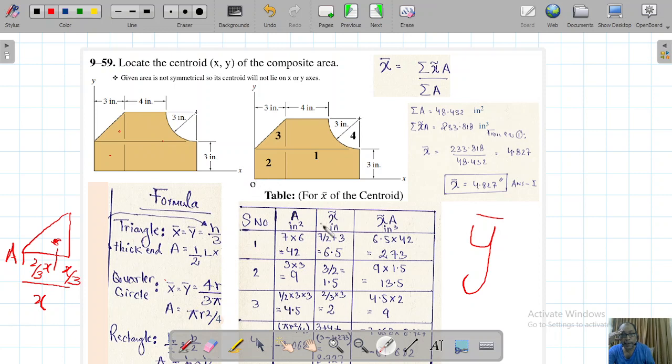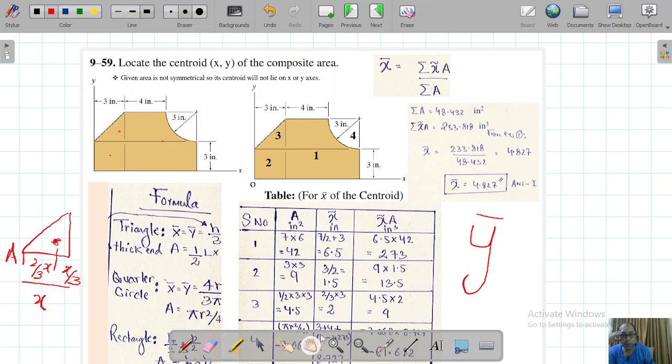The centroid will be somewhere here, but from the origin it will be 3 inches plus half of 7 inches, so 7 by 2 plus 3 equals 6.5 inches. This x tilde multiplied by area, 6.5 into 42, gives you 273.